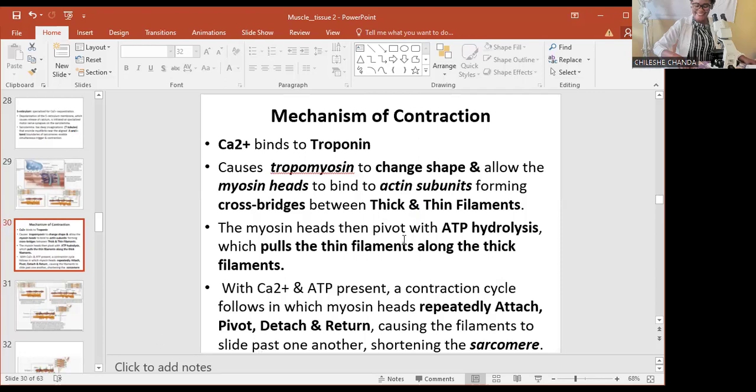The myosin heads then pivot with ATP hydrolysis, which pulls the thin filaments along the thick filaments.